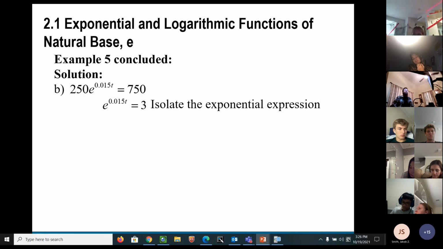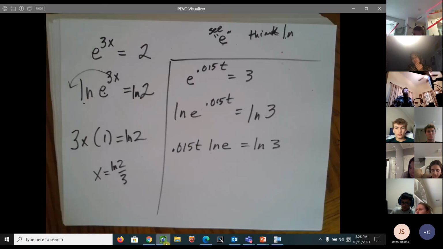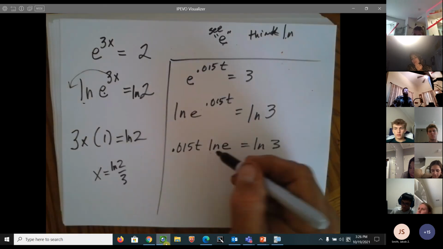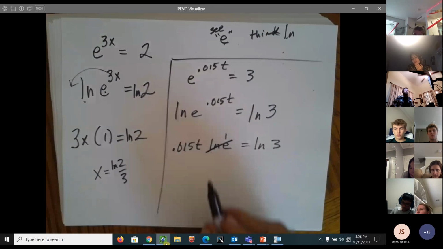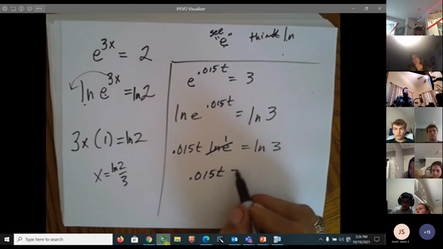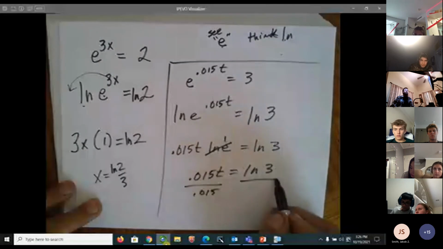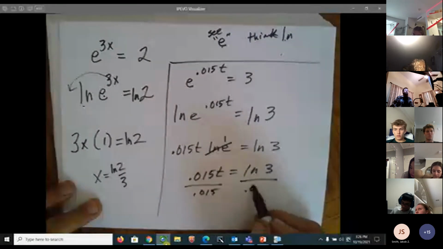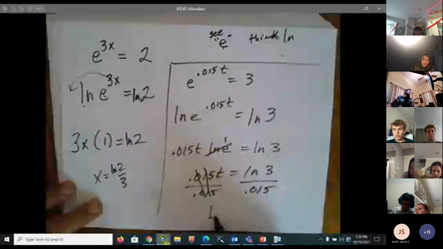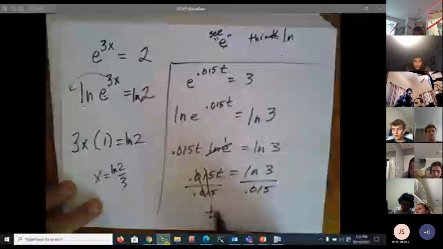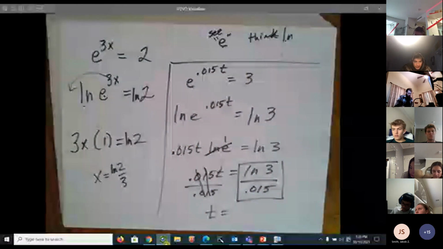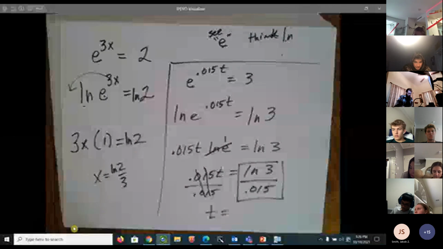And that's going to be 0.015 t times the natural log of e is equal to the natural log of 3. And that goes to 1. So 0.015t is equal to the natural log of 3. Divide by 0.015. T is equal to natural log of 3 divided by 0.015.